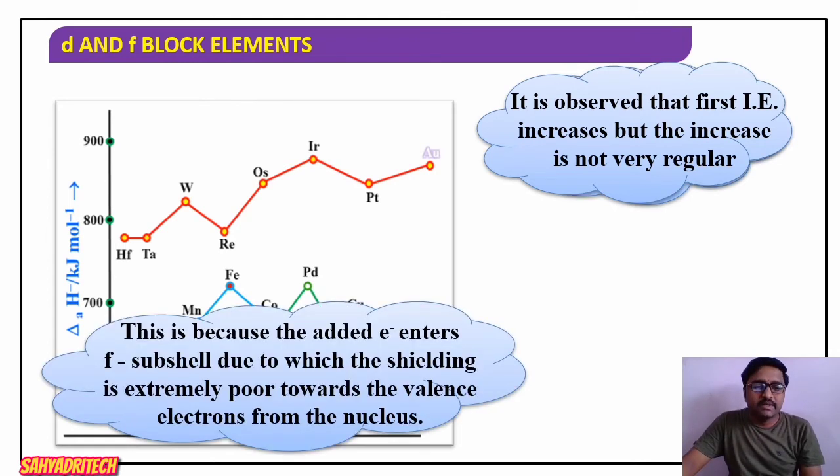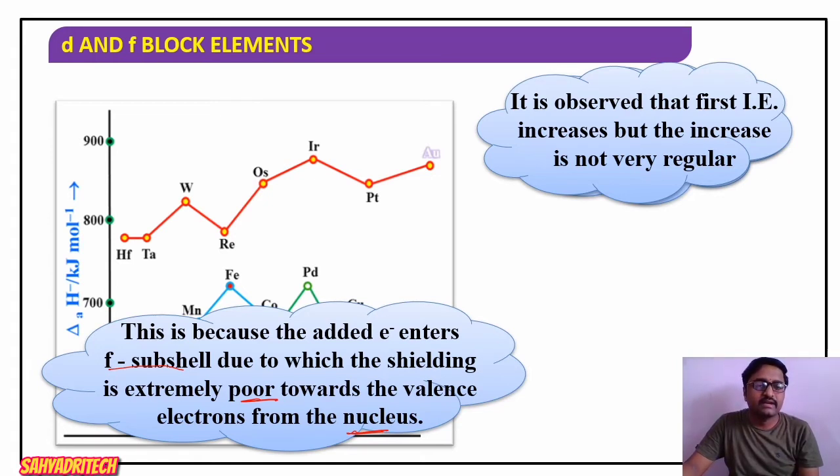Well, why do we get irregularity in the ionization enthalpy? It is because the added electron goes to the f subshell, due to which the shielding of the valence electrons from the nucleus is extremely poor, since we know that inner orbitals shield the outermost electrons from the nucleus.